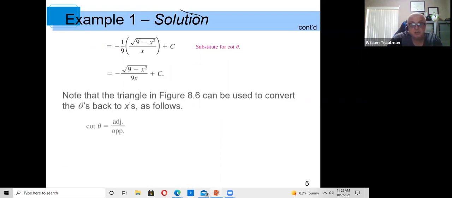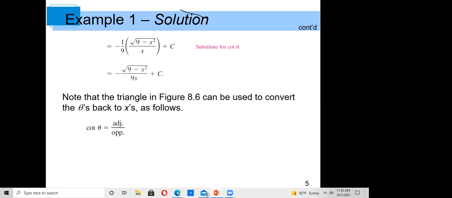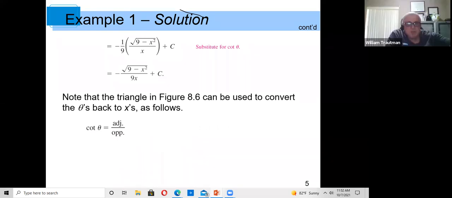All they did was bring the negative in front and put the 9 on the bottom. And the little note: cotangent theta is adjacent over opposite. That was from trig. Maybe we didn't have those triangles in algebra. We must have had them in trig or pre-calculus.